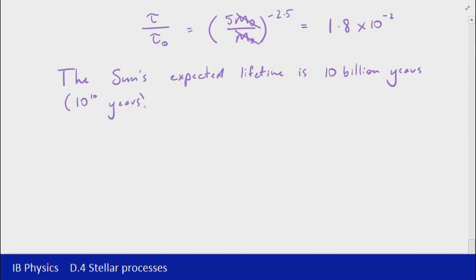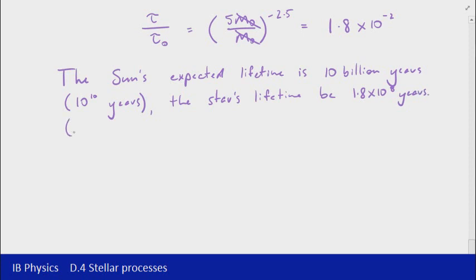So that means that for this particular star, if we multiply 1.8 by 10 to the negative 2 by 10 billion, that's going to be 1.8 by 10 to the 8 years, which seems quite a long time.